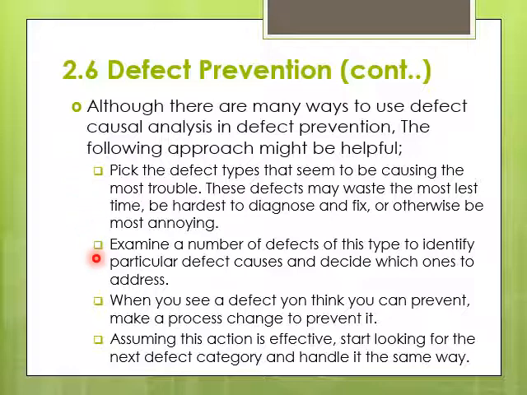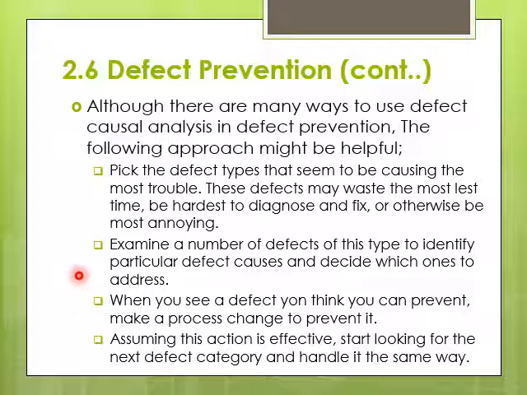The second most useful step is to examine a number of defects of this type to identify particular defect causes and decide which one to address. Then, when you see a defect you think you can prevent, make a process change to prevent it.